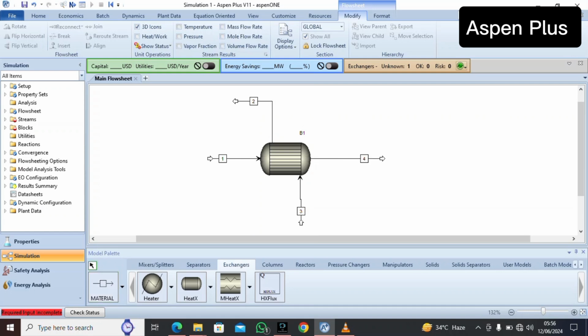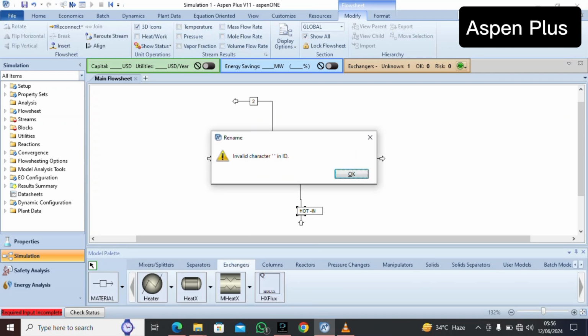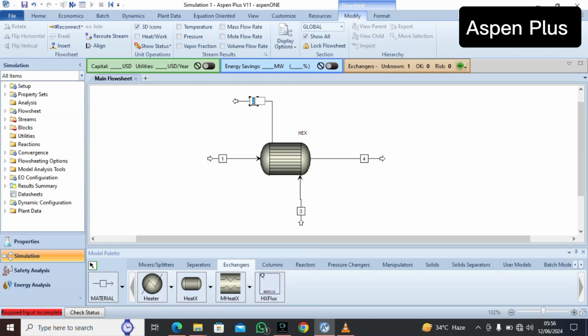Right, here is the heat exchanger. This is our hot in, this is our hot out, cold in, and cold out.